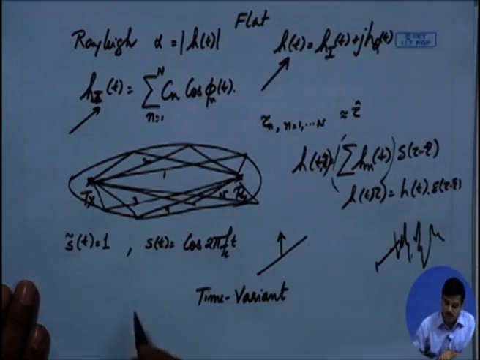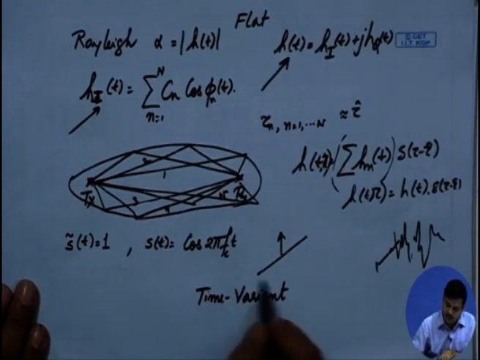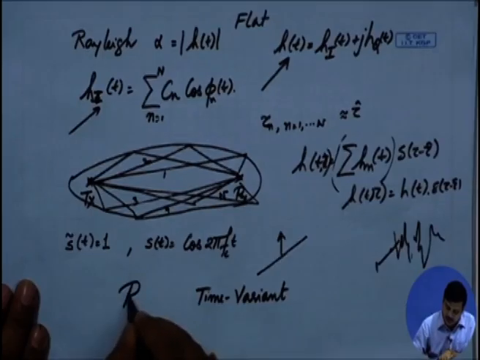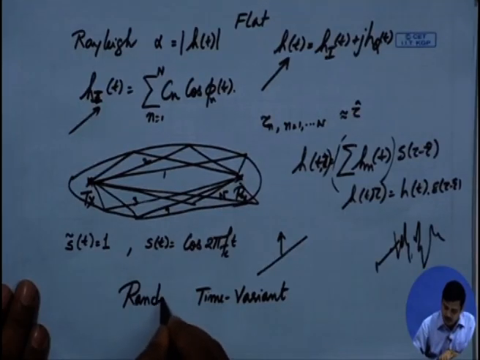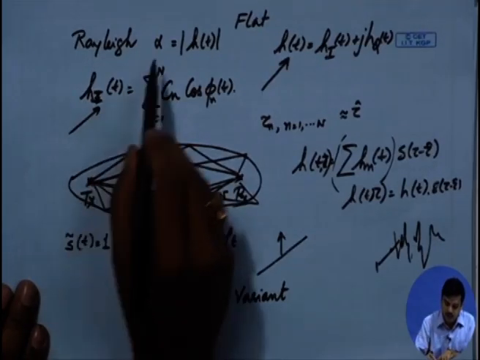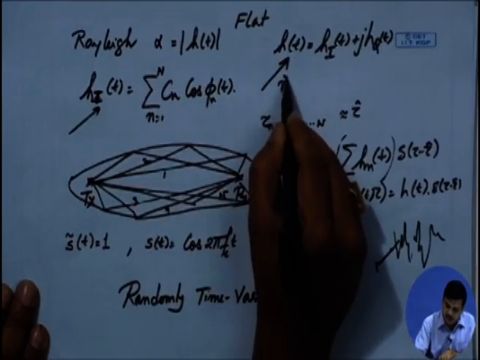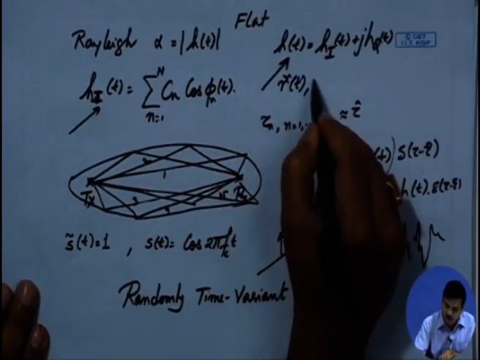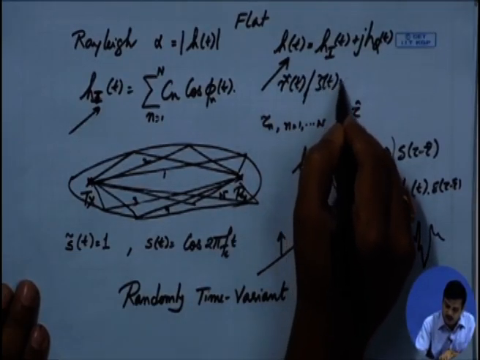What we have also seen is that this variation can be well characterized as it is a random variation, and this received signal could be represented as r tilde t when s tilde t is equal to 1.